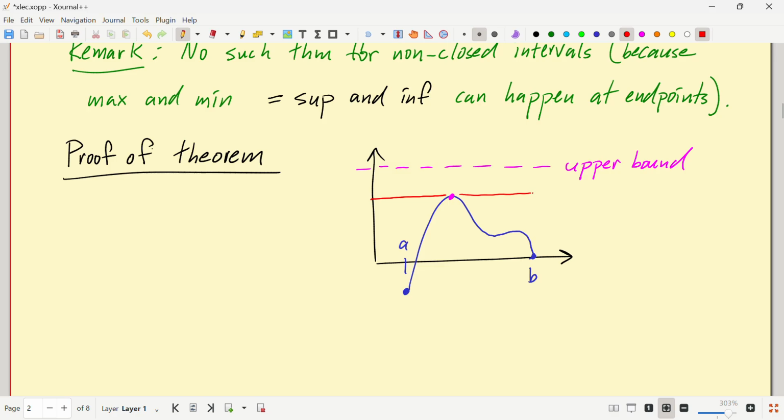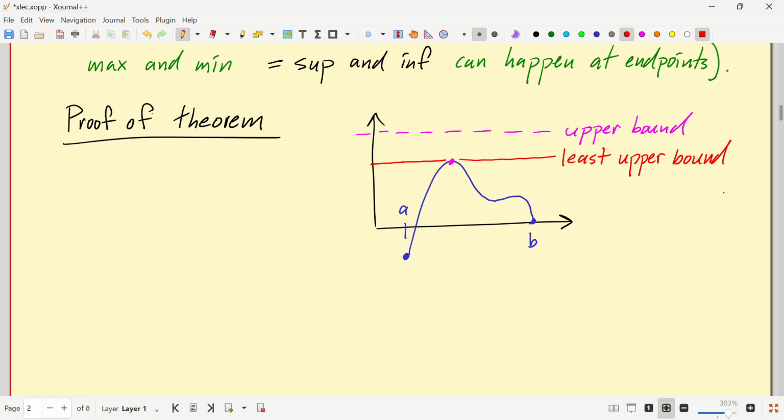So we expect the least upper bound to be the place where the maximum is. Okay? So you slide that dotted line down until you can't slide anymore, and that gives you the least upper bound, and we expect that the max, I'll call M as the max, we're going to get it, is equal to the sup of f of x such that x is in my closed interval.